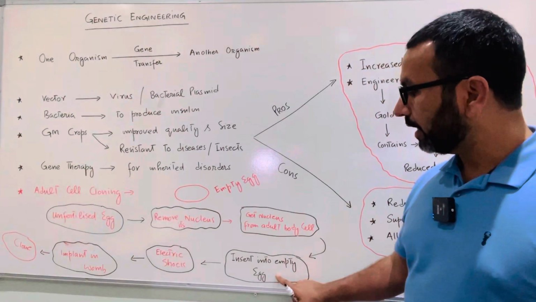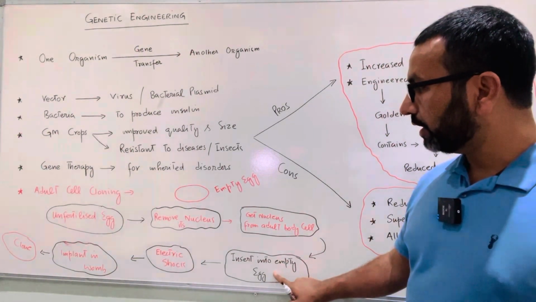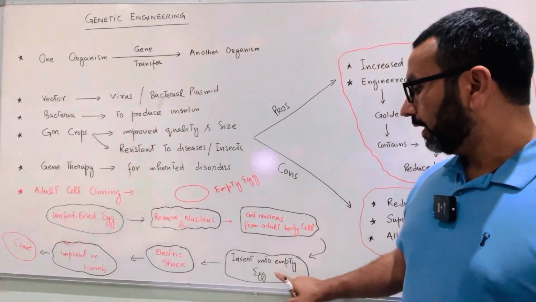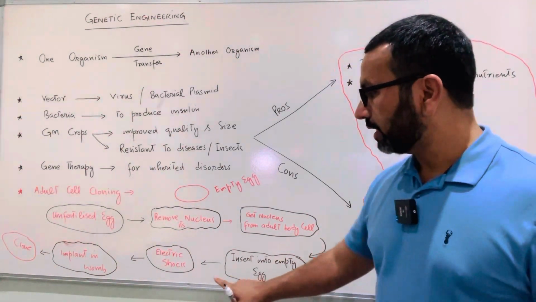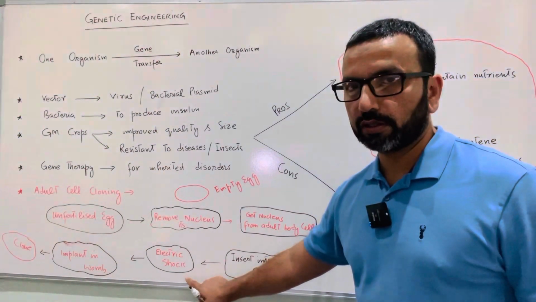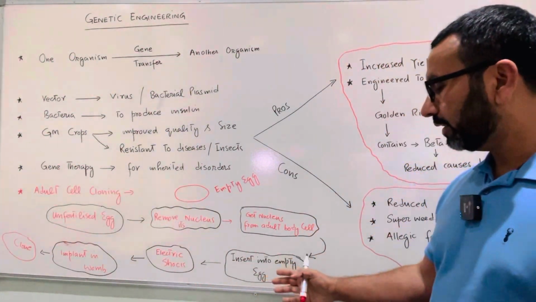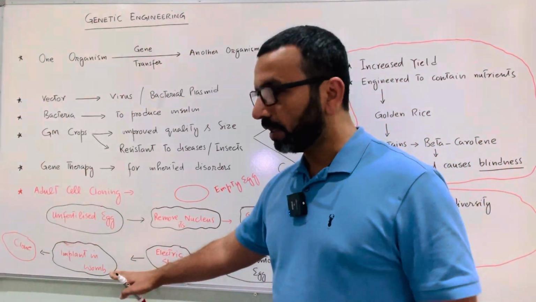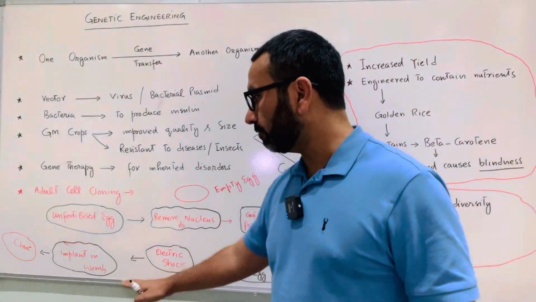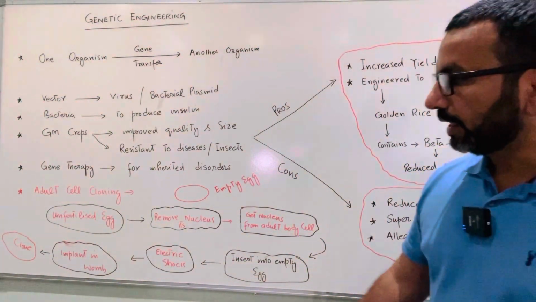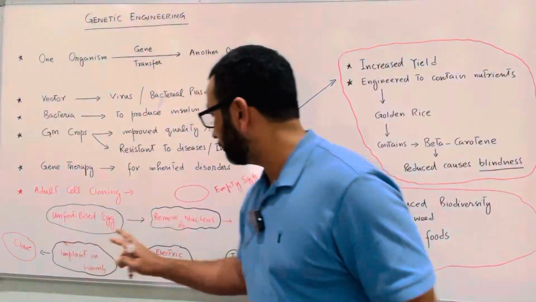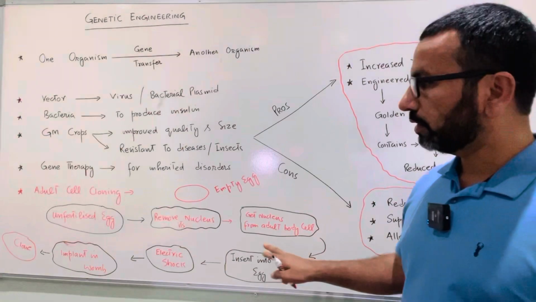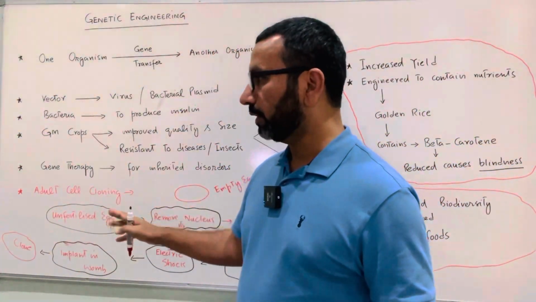Now the egg's nucleus has been replaced by the adult body cell nucleus, and then this egg is given an electric shock to make it divide and convert into an embryo, and this embryo is implanted in the womb of a female, and as a result the clone of that adult is going to be produced. So this is called adult cell cloning.